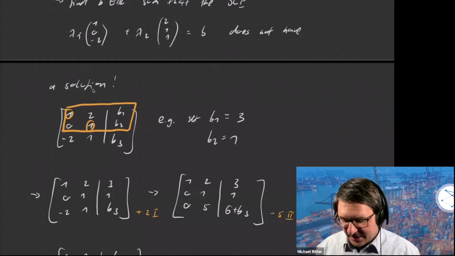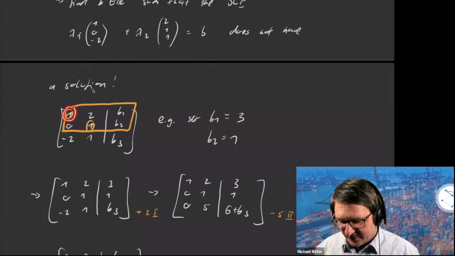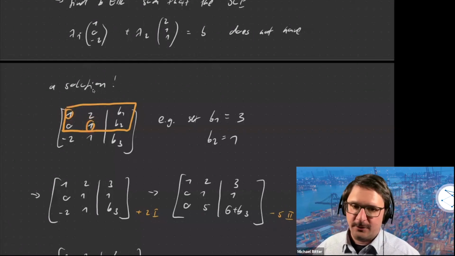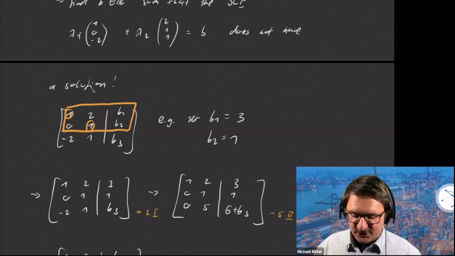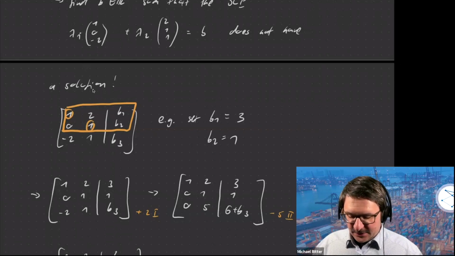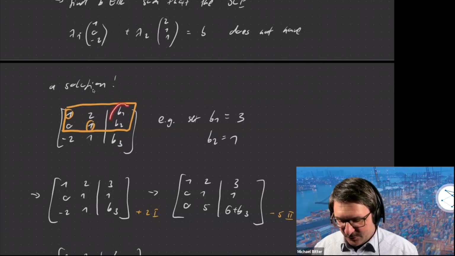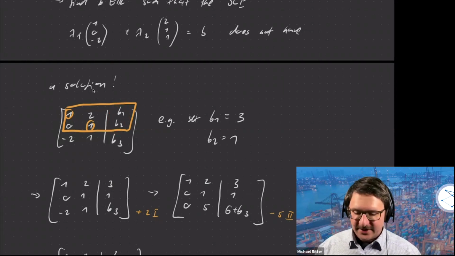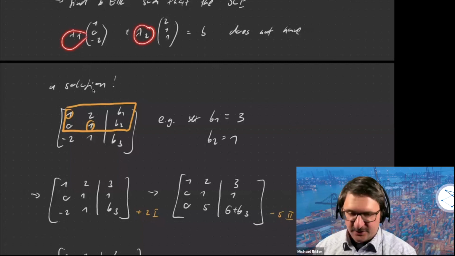That means I could solve the whole system with only these two equations already. The third one won't do anything for the solution. So if I prescribe any B1 and B2, then I can already determine lambda 1 and lambda 2 uniquely.